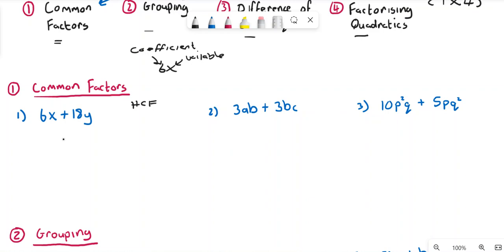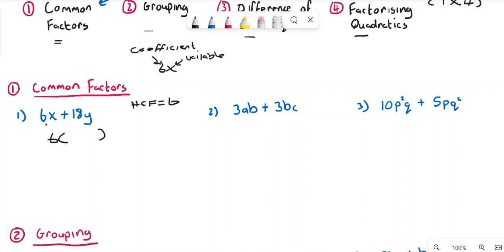So if we look at it, you want to open up a bracket like so, and identify the highest common factor. If we look at these two here, a term that will divide in evenly into both of these would be 6. So the highest common factor is equal to 6. And what we do with the highest common factor is we put it on the outside of the bracket, like so. And then on the inside, you basically want to put what will get you to each of these terms.